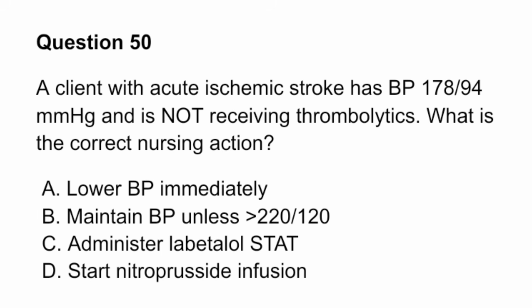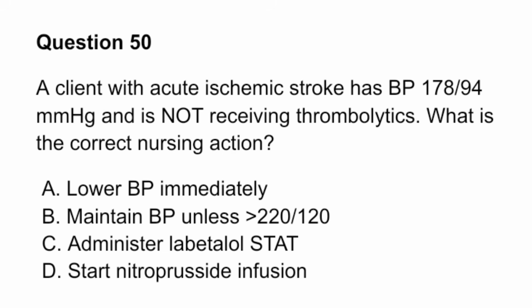Question 50. A client with acute ischemic stroke has BP 178/94 millimeters of mercury and is not receiving thrombolytics. What is the correct nursing action? A. Lower BP immediately. B. Maintain BP unless greater than 220/120. C. Administer labetalol stat.